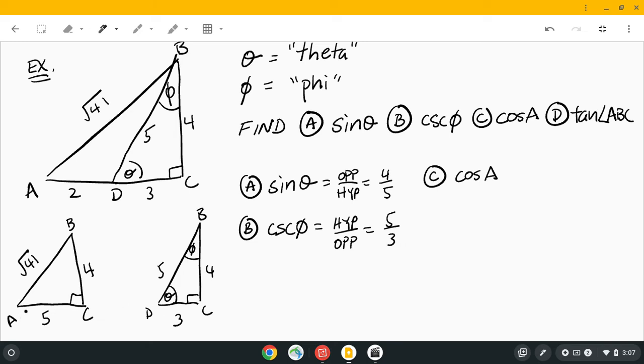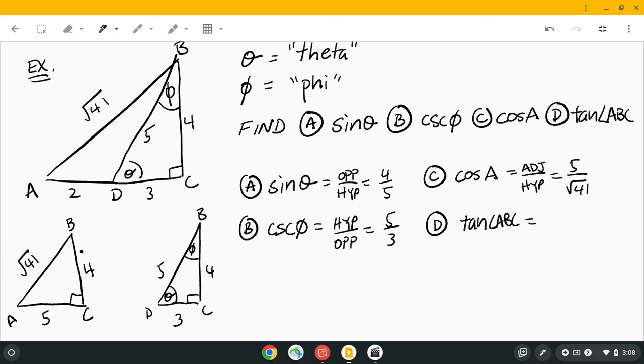Letter C, cosine of A. Cosine is adjacent over hypotenuse. Here's A, adjacent is 5, hypotenuse is square root 41. And then D, tangent of angle ABC.